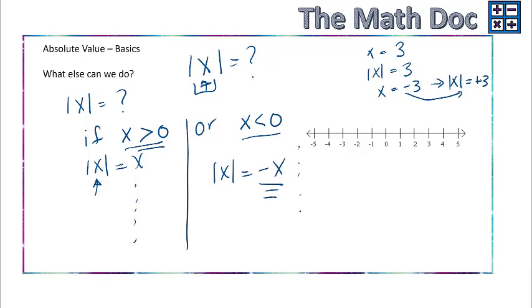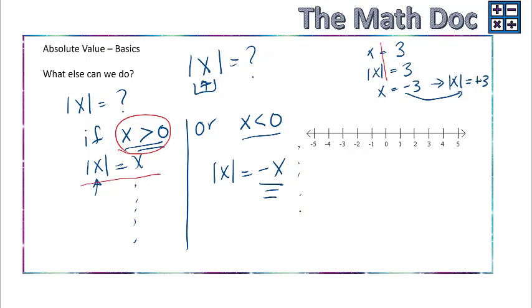So before moving on to the next examples, let's see what this absolute value actually does. We said that if our x here is larger than 0, that means that the absolute value of x is just x.